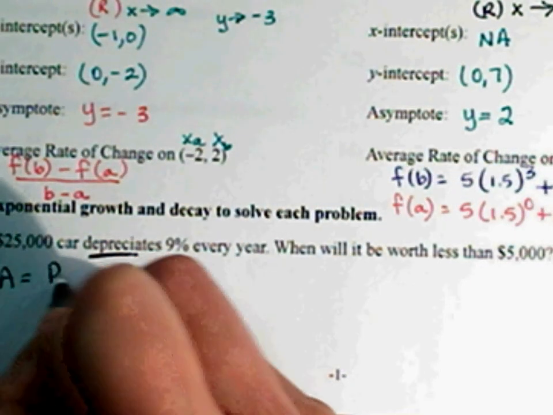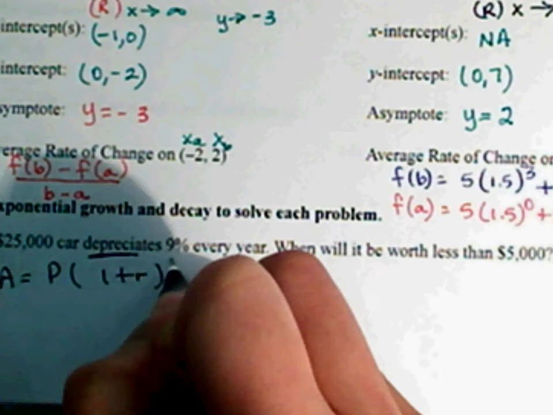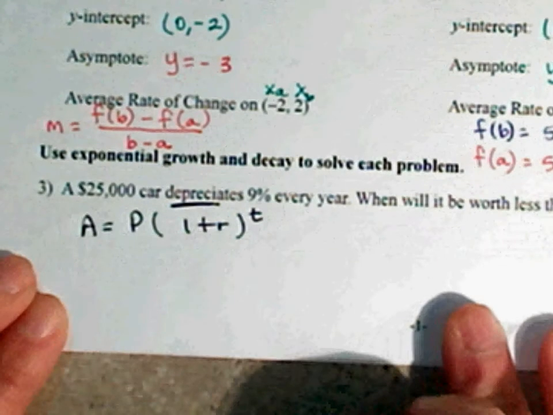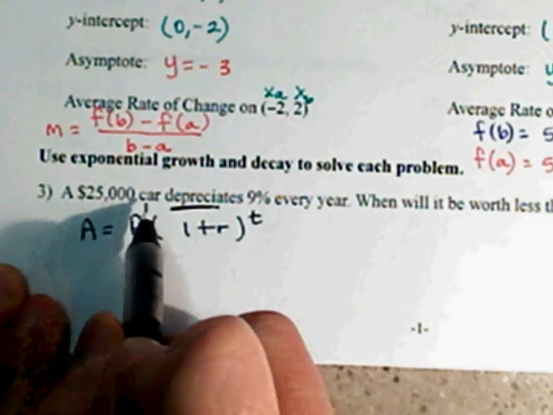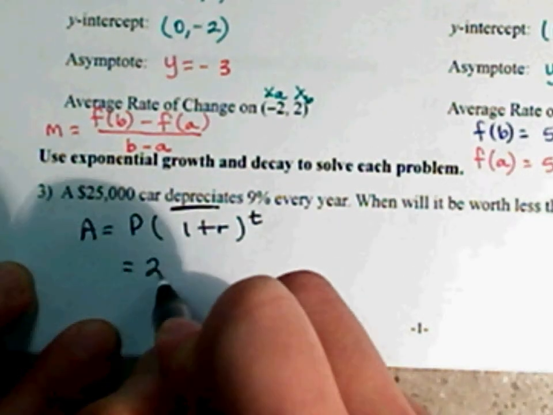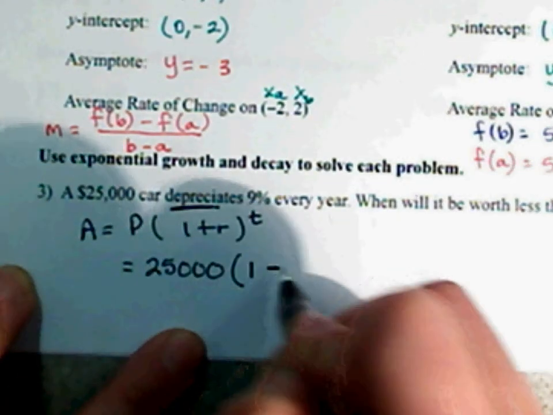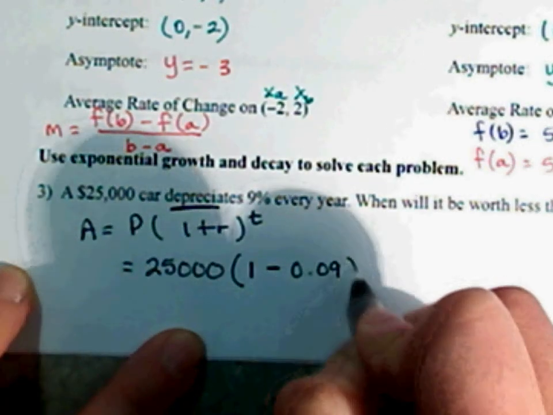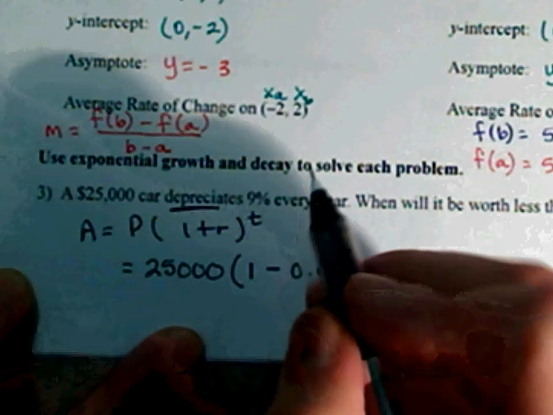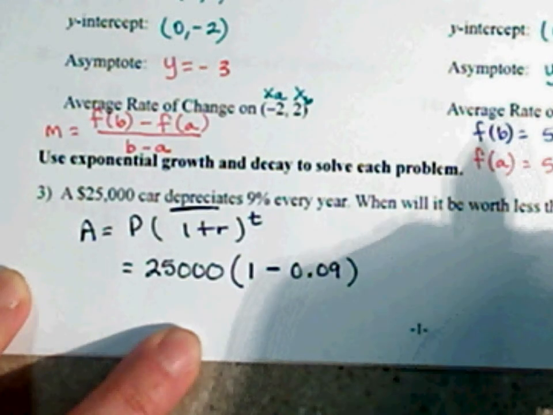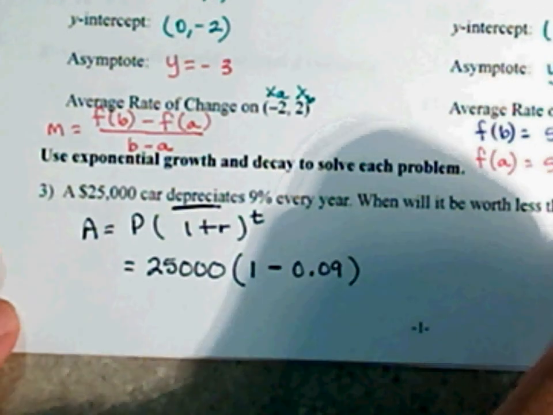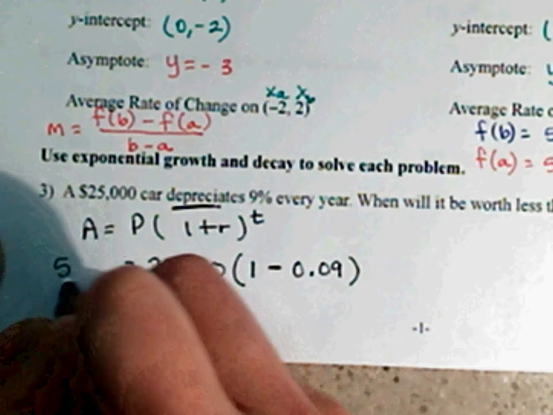How much did the car start off with? $25,000. Depreciate means it's going to go down. So there's your rate, it's going to go down 9% every year. When will it be worth less than $5,000? It says when, so there's your t.